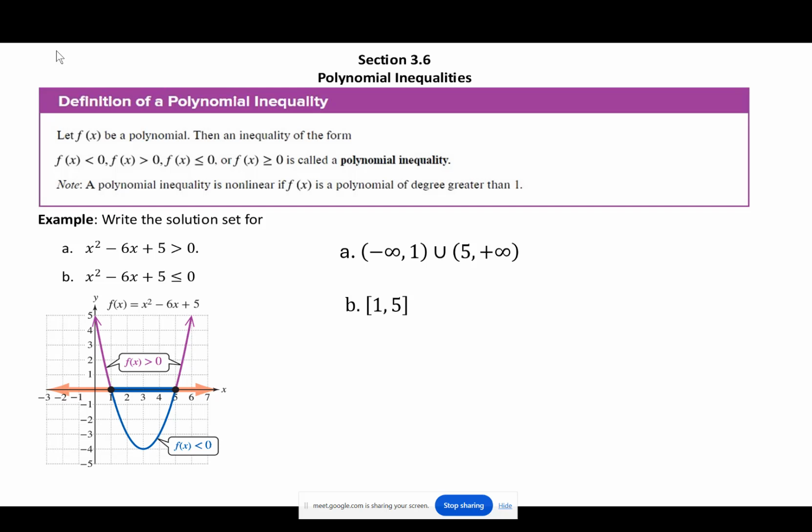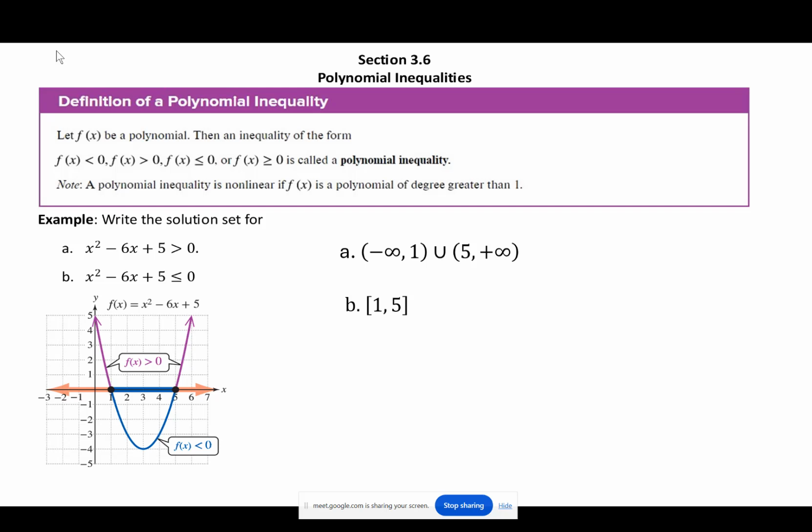It's greater than 0 when the graph is above the x-axis, so when the graph has a positive value, and it is less than 0 when you're below the x-axis, when the value of the graph is a negative number. So as you go along the x-axis, you're seeing when is the value of the function positive and when is it negative.